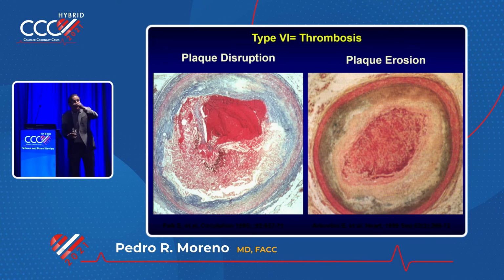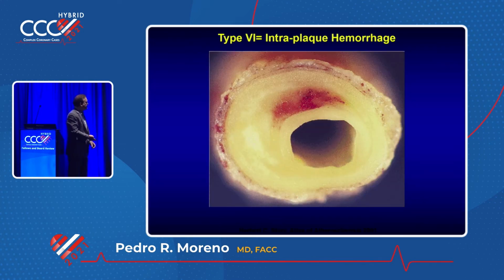The definition of plaque erosion is when there is no contact between the lipid core and the flowing blood, and you have a clot. Simple. So now you don't forget what is plaque rupture and what is plaque erosion. In plaque erosion, no contact between the lipid core and the thrombus. In plaque rupture, contact. Okay?